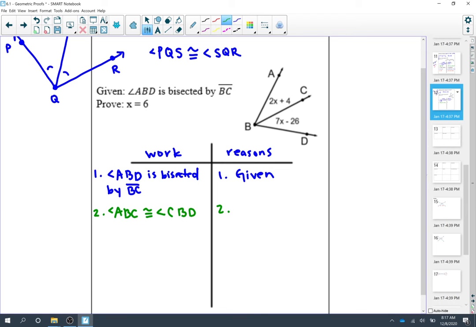That's what the definition of bisect says. Now that I know that, then I can say, okay, well, I know angle ABC is being represented by the 2x plus 4. Then I know that CBD is being represented by 7x minus 26. And that is substitution.